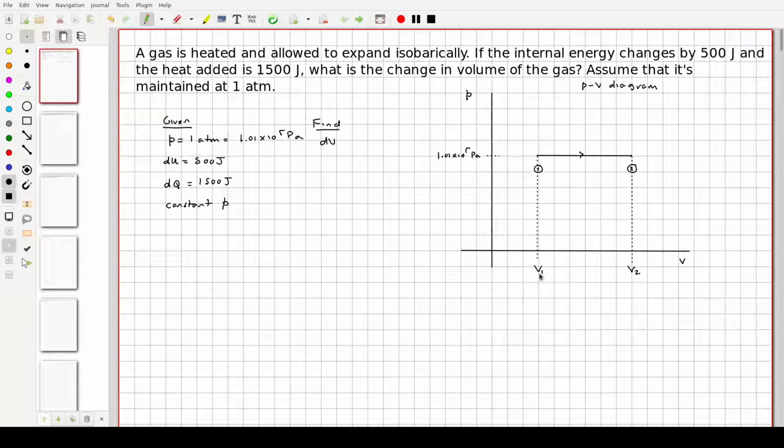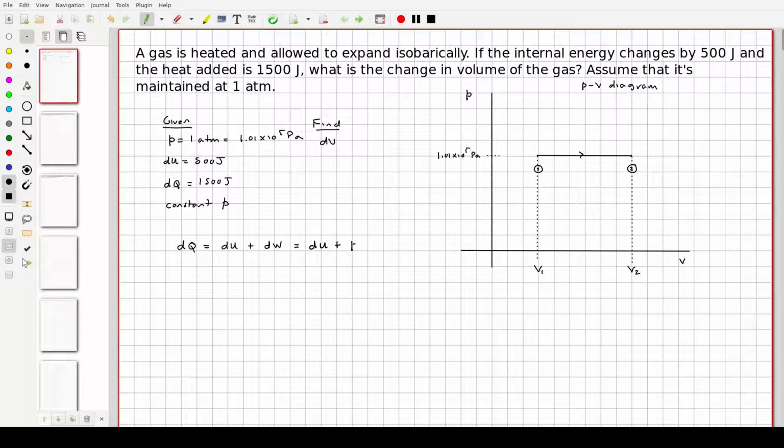We don't know what our initial and our final volumes are, but we can find the change in volume by using the first law of thermodynamics. If you remember, the first law says that when you add heat to a system, you cause the internal energy to change, and you can also do work. For an isobaric gas, we have constant pressure and a volume that can change.